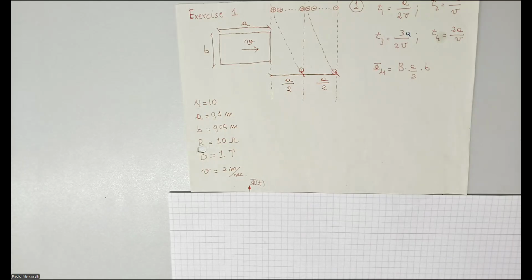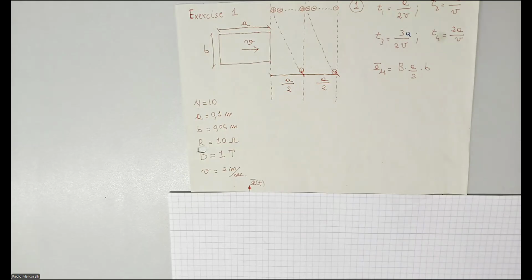Now, here, the surface involved in the movement we call the effective surface, sometimes the active magnetic surface or directly the active surface.